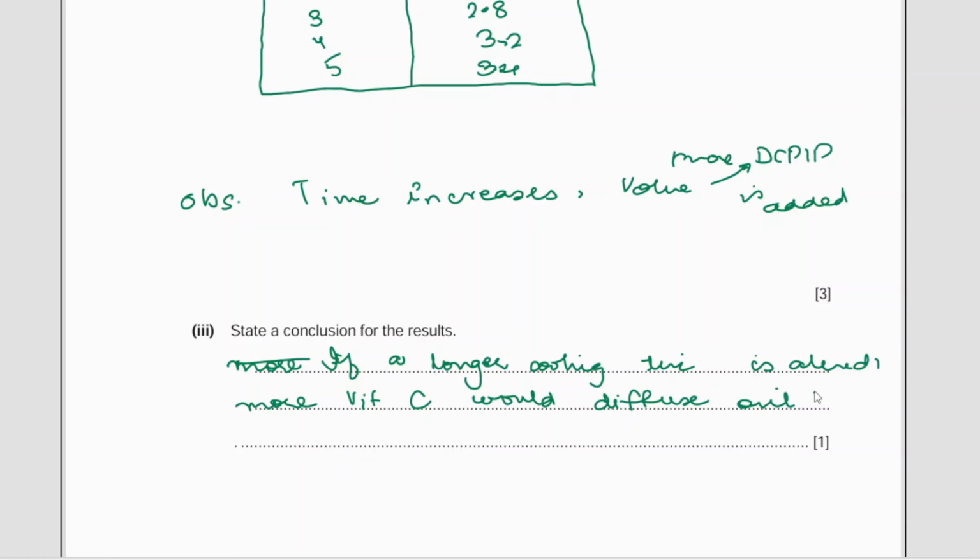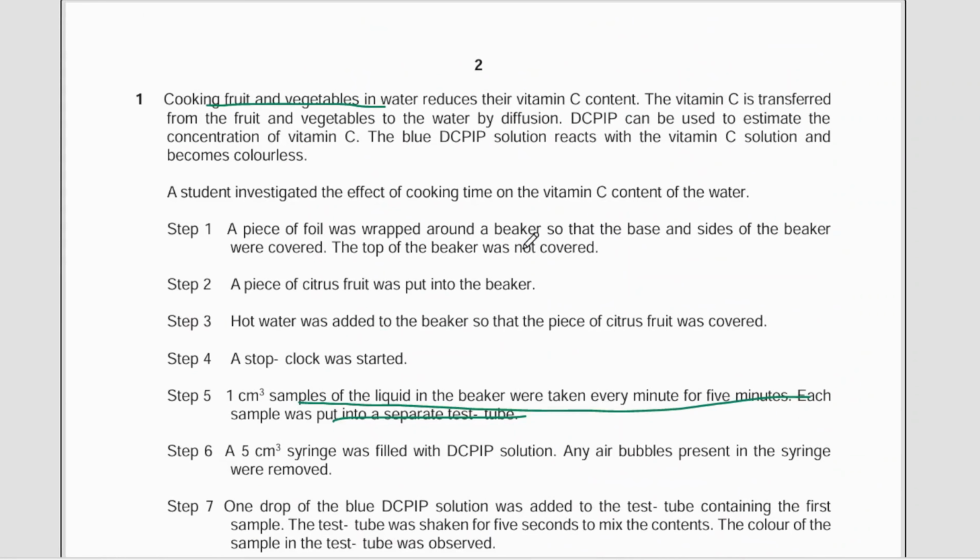Okay, wait. Let's move to the first point. It's written in the very first sentence that cooking moves the vitamin C into the solution. This is the simple crux of the first sentence.